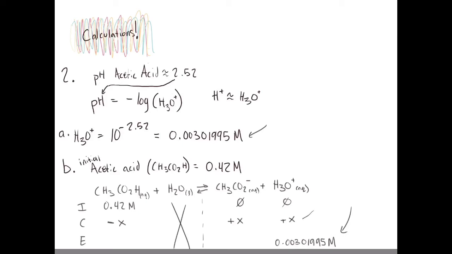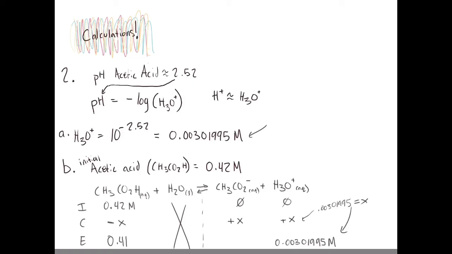So obviously the change from 0 to 0.003 is that. X is equal to that, because it went from 0 to that. That's what X is. So now all you have to do is go back in and plug in your value of X, and you can get all your equilibrium concentrations.